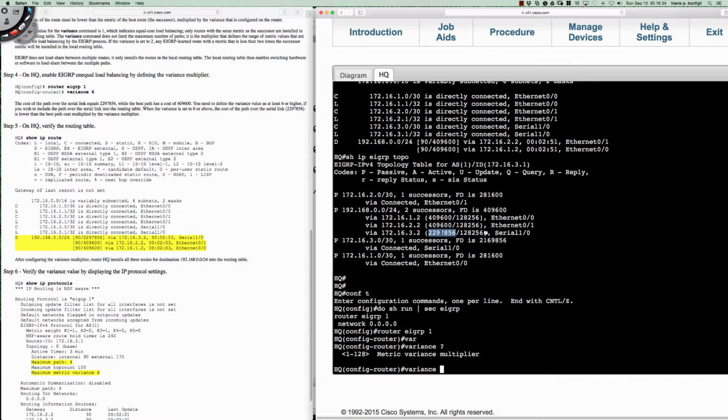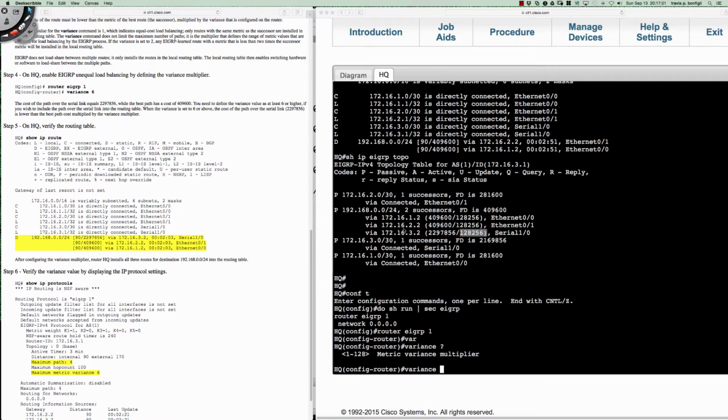Well, in order to be a feasible successor, what's the condition? What's the feasibility condition state? The feasibility condition states that if the reported distance of the candidate is less than the feasible distance of the current successor, I meet the feasibility condition, because that is how I can guarantee loop freedom.